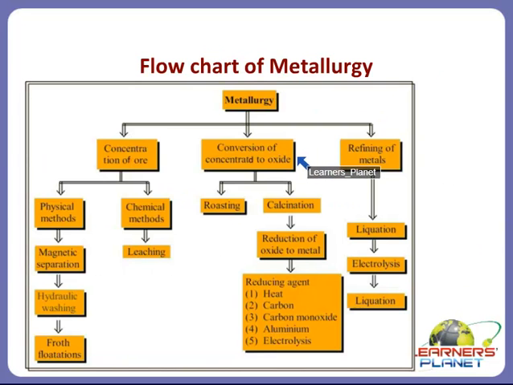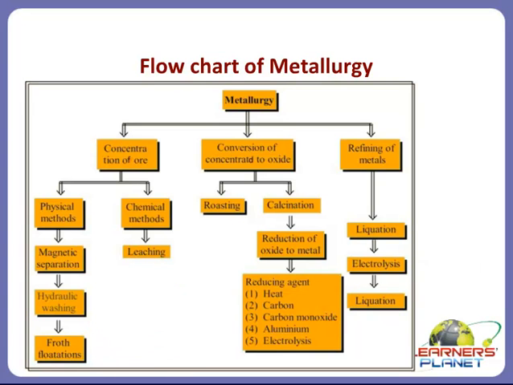Now students, this is the flow chart of metallurgy. The first step is the concentration of ore, using physical methods and chemical methods. The physical methods are magnetic separation, hydraulic washing and froth flotation.